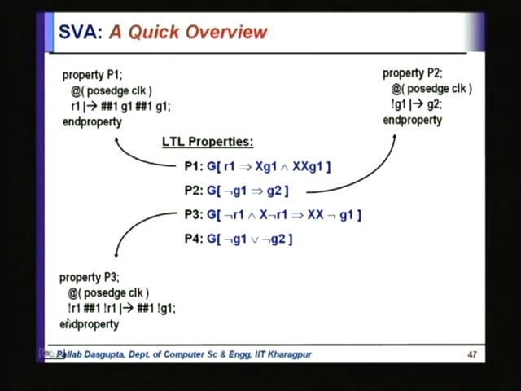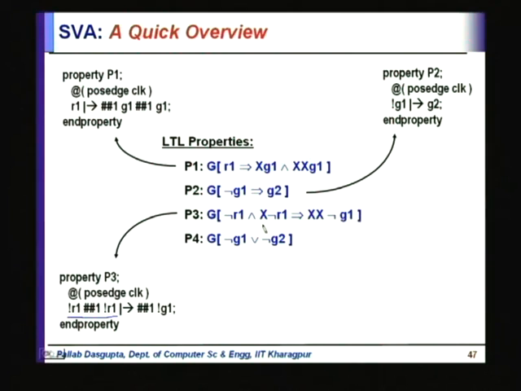So, this says that not R1 is true in 2 consecutive cycles, implies that in the next cycle following this match not G1 must hold. Now, see we did not have XX not G1 here, we are just having hash 1 not G1. Now, see the difference between these two, see this one at if this matches.